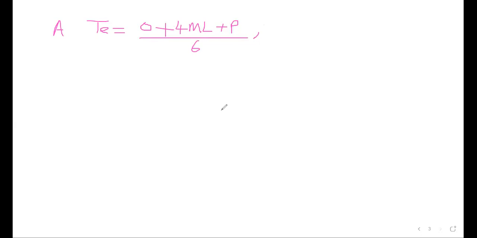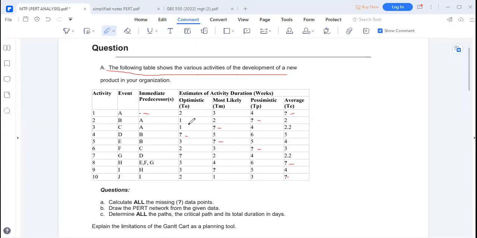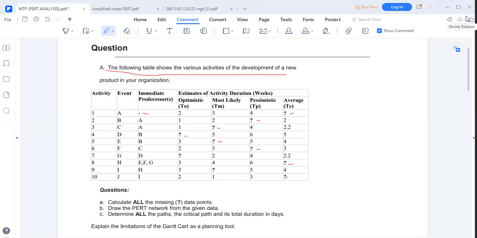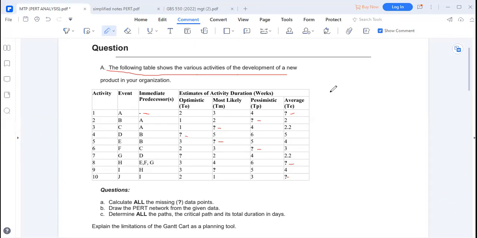The optimistic is 2, then most likely is 3, and then the pessimistic is 4. So we can substitute them and get the value in this given question.